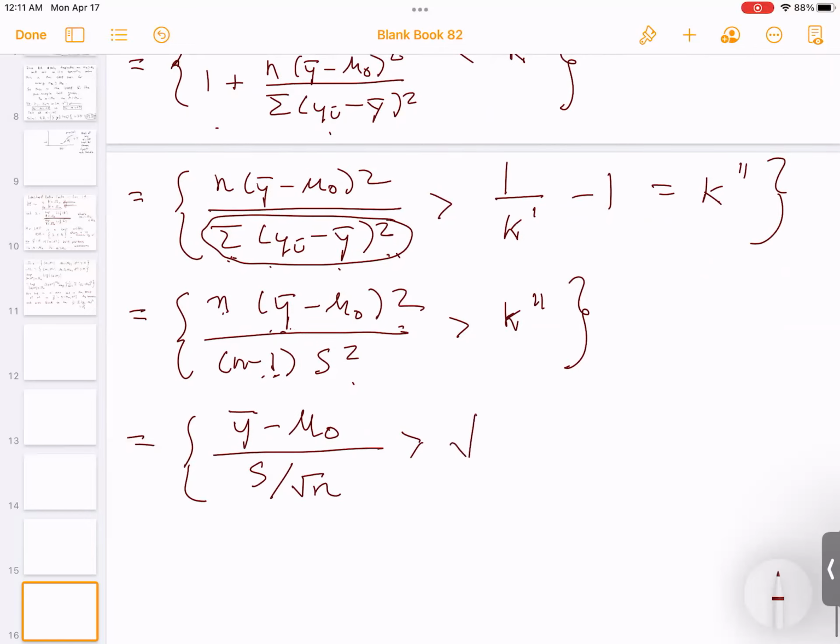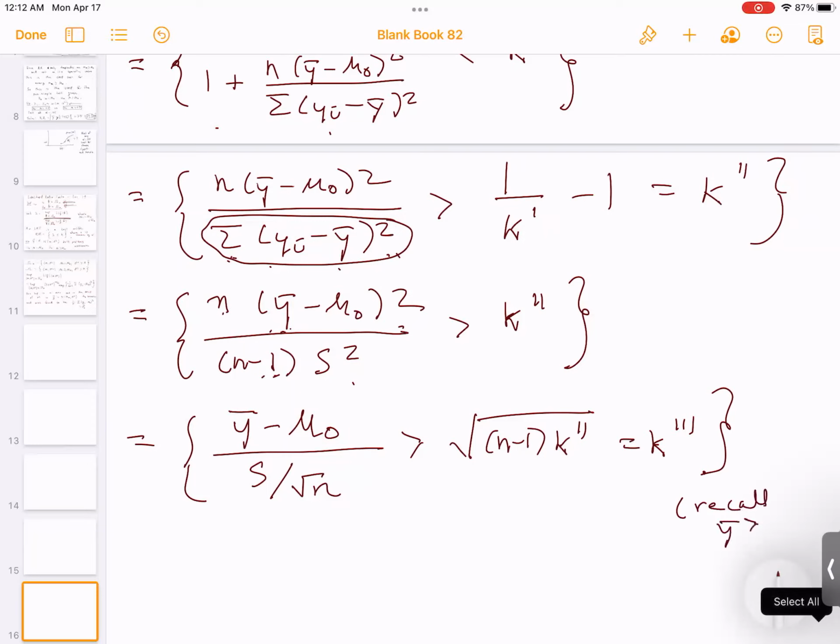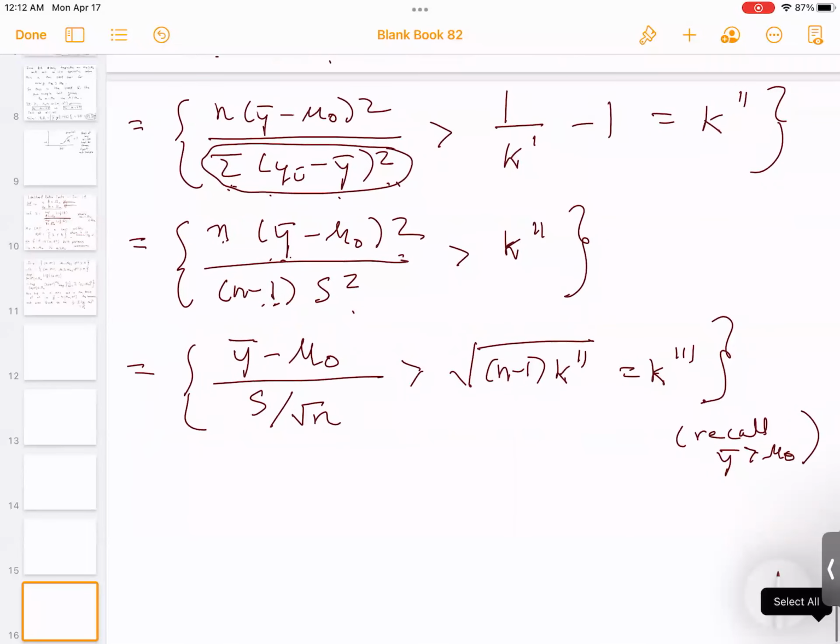So this is the square root of n minus 1 k double prime. If you want, you can call it k triple prime now. Kind of fun. Let's call it k triple prime. 1, 2, 3. And recall, we can write recall.